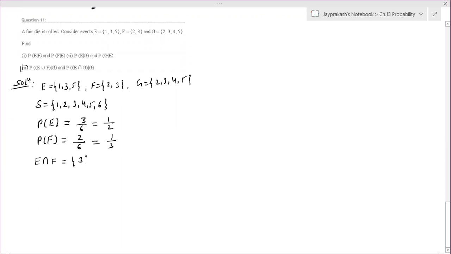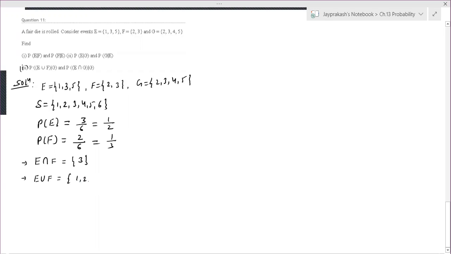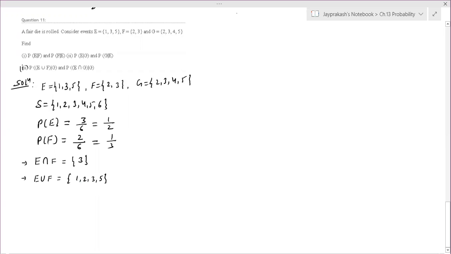So there is 3 common. Then we can also find E union F. In E union F, we have the numbers 1, 2, 3, 5.